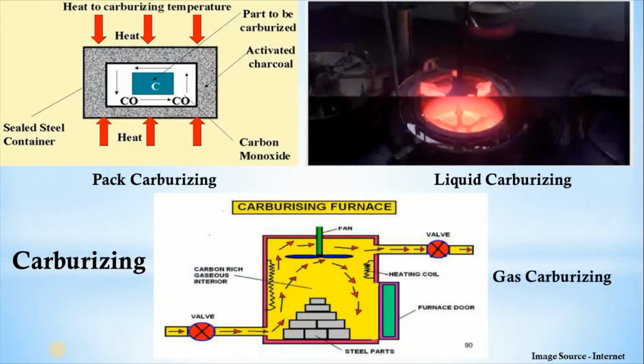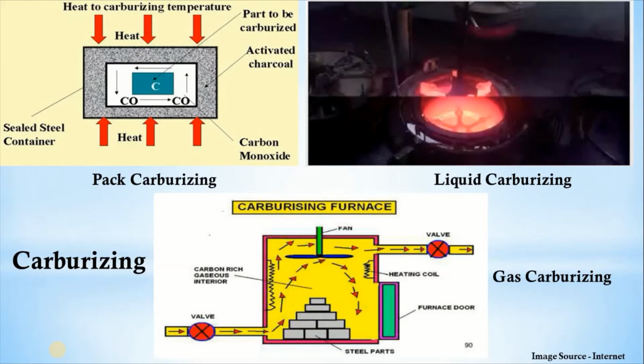The third carburizing type is gas carburizing. Here, the surface hardening process is carried out at a high temperature, usually above 925 degrees Celsius, in which we add carbon to the surface of a low carbon steel at the appropriate temperature.